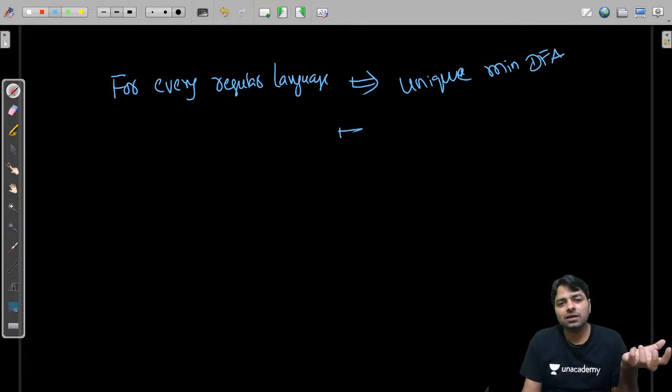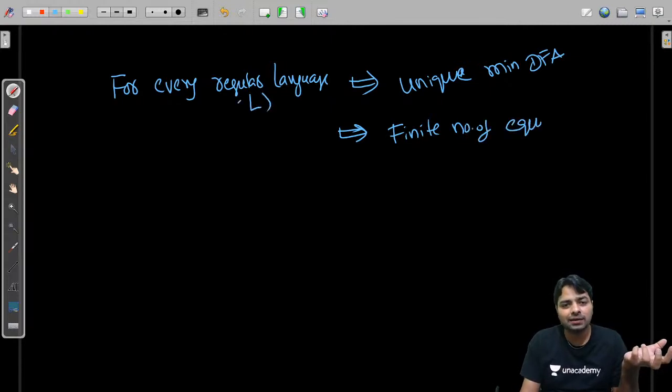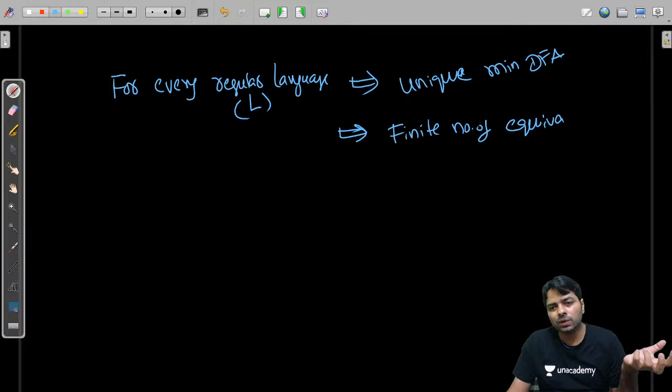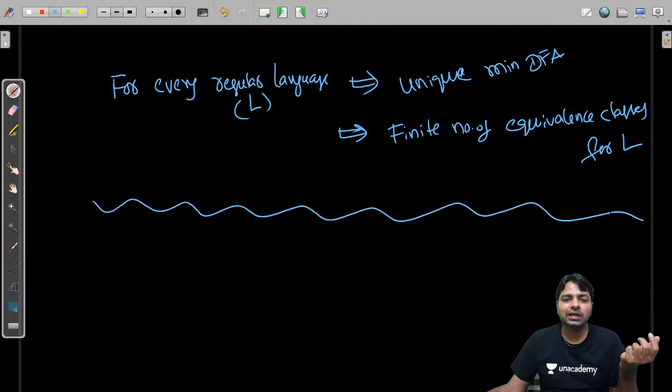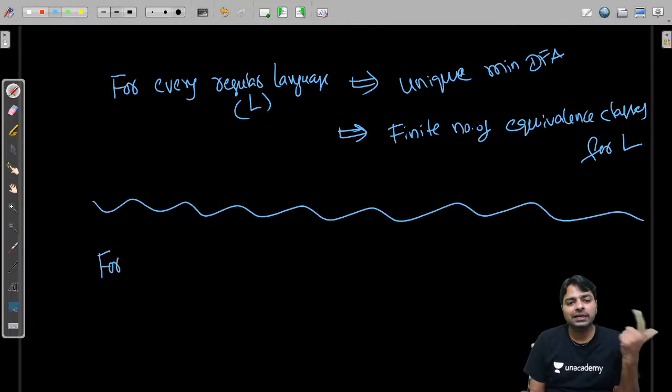That is the reason we have a finite number of equivalence classes for L. And if it is not regular, that we will see later.